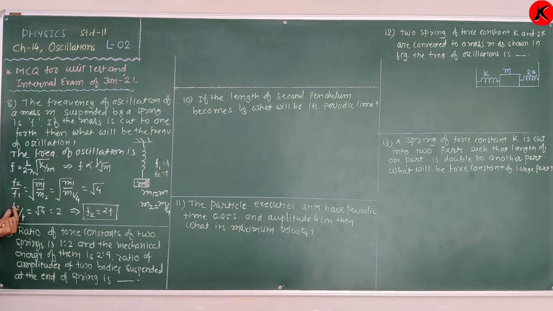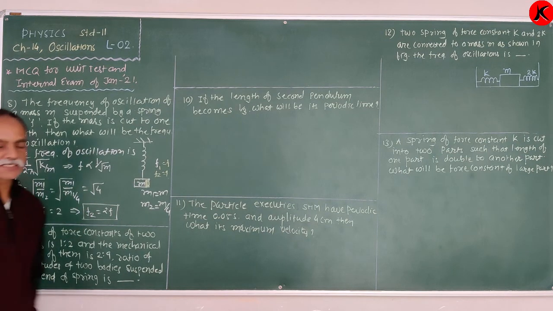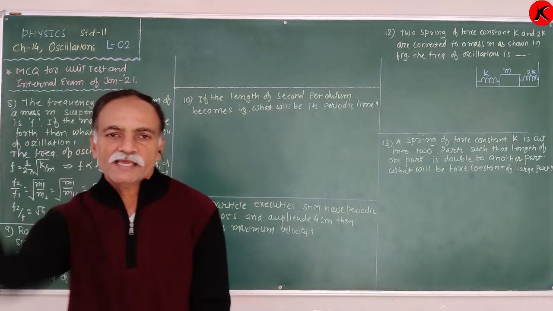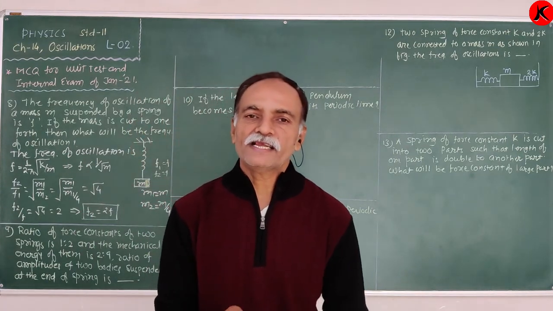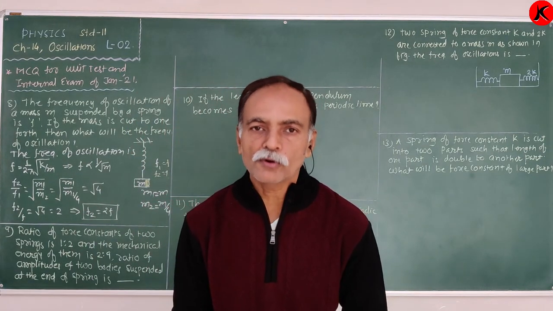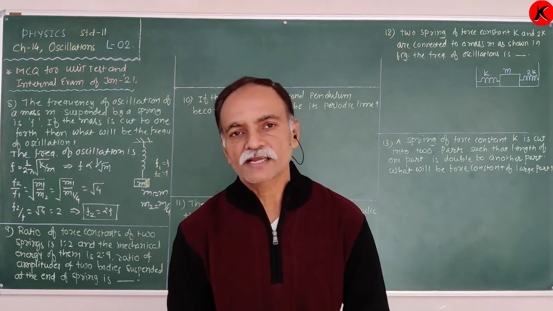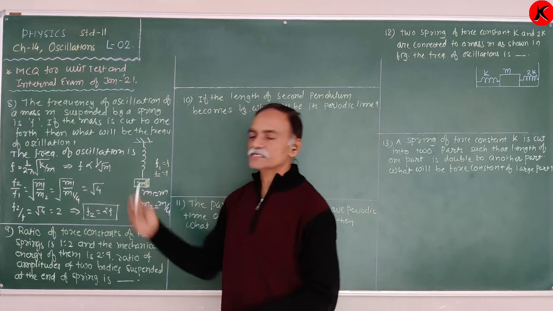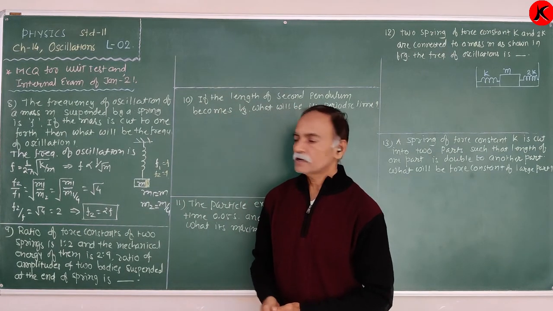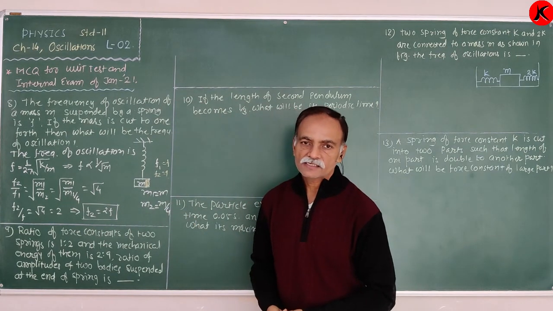F1 is F, so F2 upon F is equal to under root 4, which is equal to 2. Therefore the new frequency is 2F. That means if instead of the body of mass M, we suspend the body of mass M by 4, its frequency becomes double of the initial. Only here we have to apply the equation of frequency of oscillation, right? Okay.